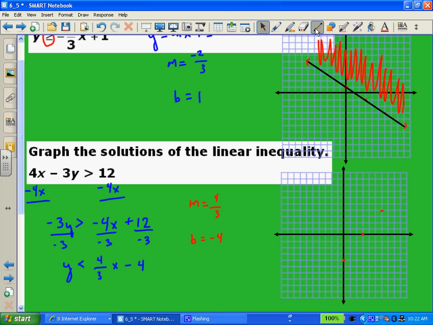Now here I have a less than symbol, so that means that I need to use a dashed line when I graph this. Okay, so there's my line. And then since it's a less than symbol, that means I shade below the line.